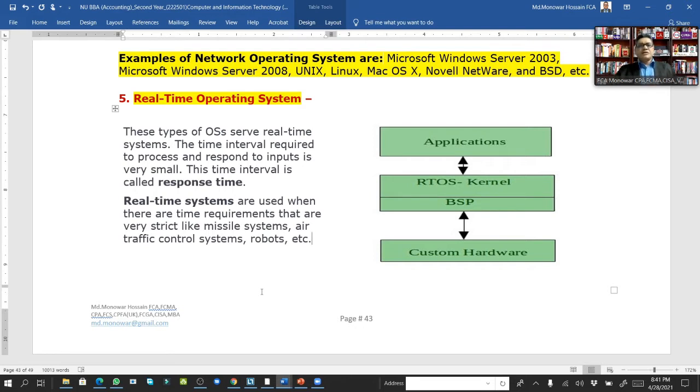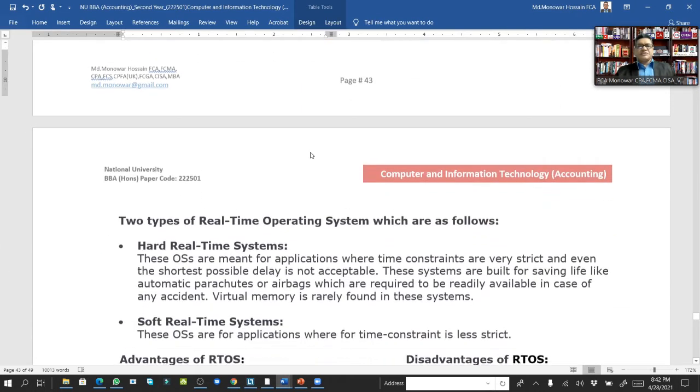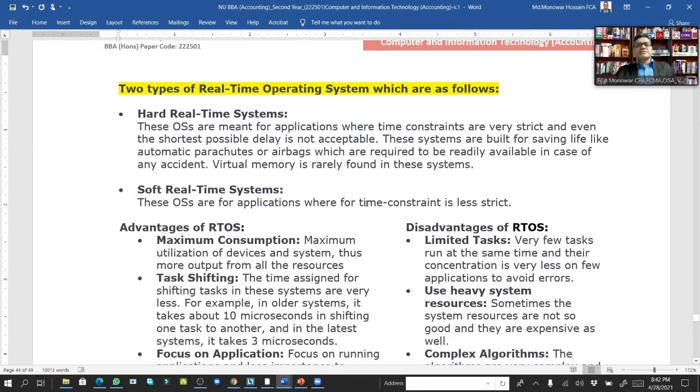Real-time systems are used when there are time requirements that are very strict, like missile systems, air traffic control systems, robots, etc. So look here: the application, custom hardware, kernel, BSP, and the real-time operating system is used this way. There are two types of real-time operating systems: one is the hard real-time system, and another is the soft real-time system.